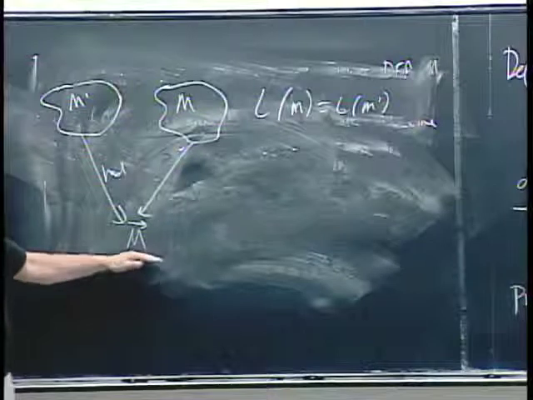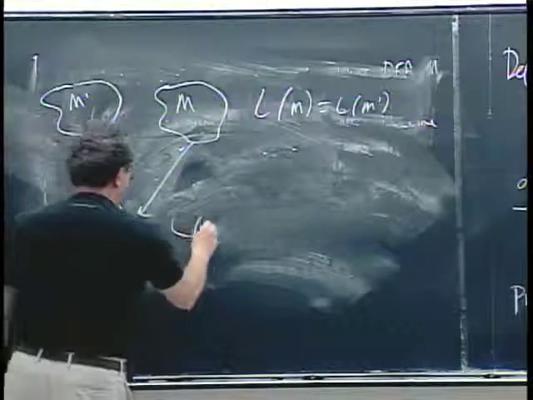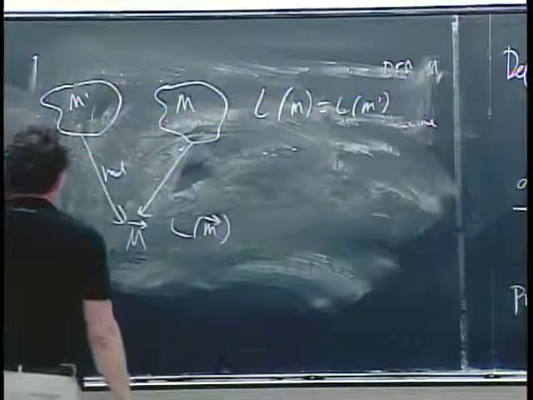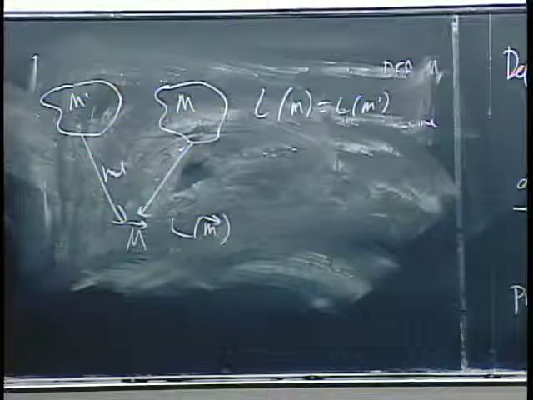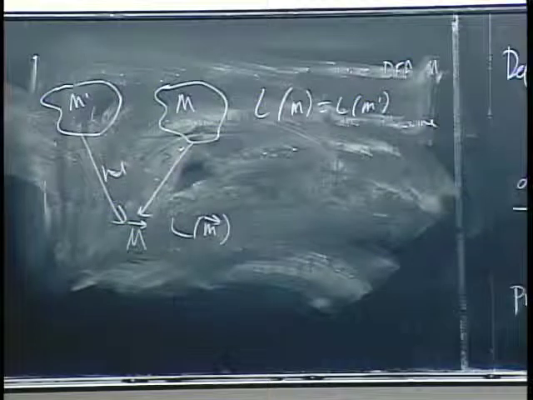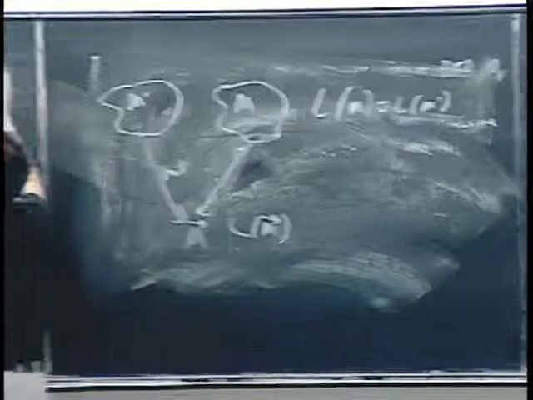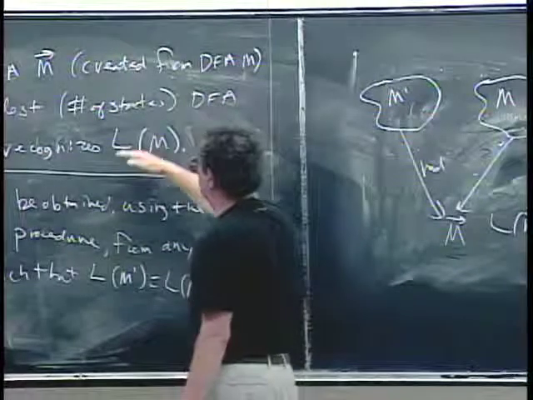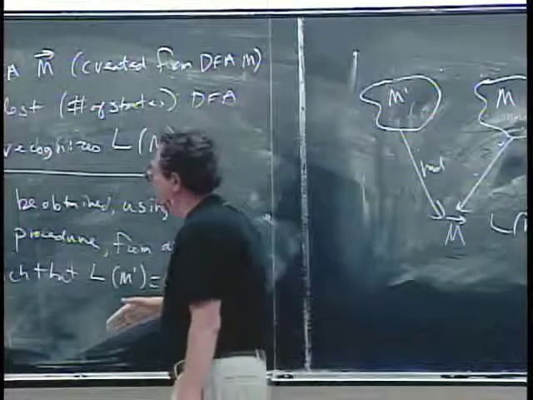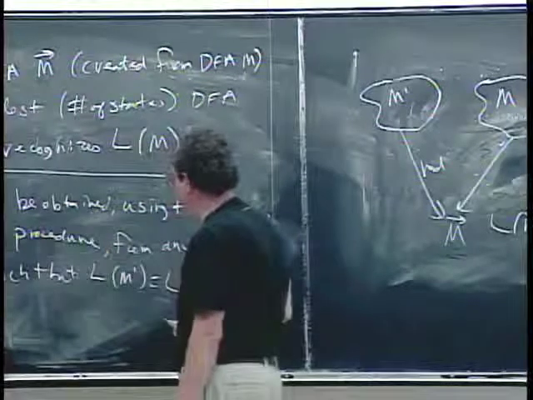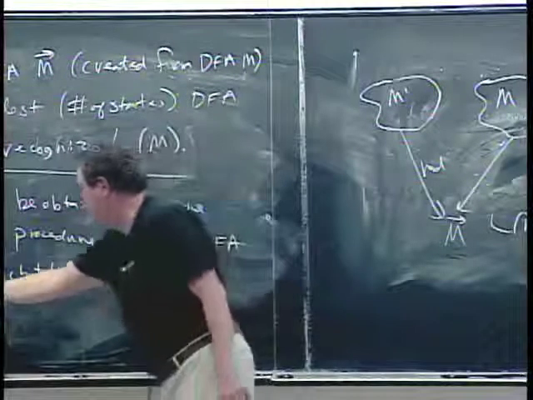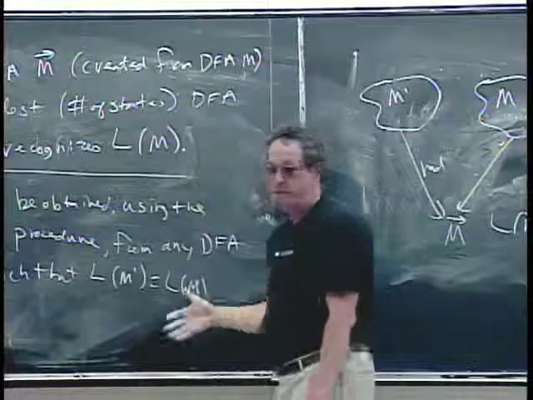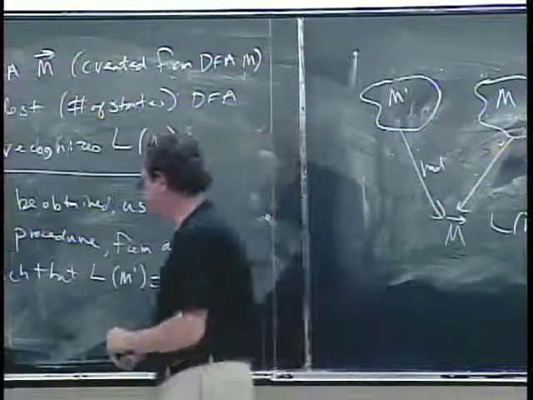It's going to be the same M tilde. That's what I have to prove to you, and this is what I'm claiming. That's the main theorem, that the M tilde that's created by using the reduction procedure from M is the smallest DFA that recognizes L(M). And if you were to use the reduction procedure starting from some other DFA M prime, where L(M prime) is equal to L(M), you'll also get M tilde.